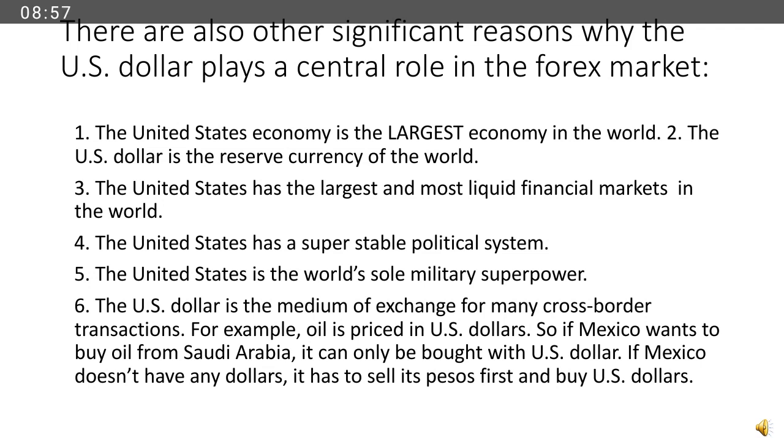So Mexico will have to convert their currency to US dollars before they can purchase the oil from Saudi Arabia. They are not buying from the USA, they are buying from Saudi Arabia, but they have to use US dollars.